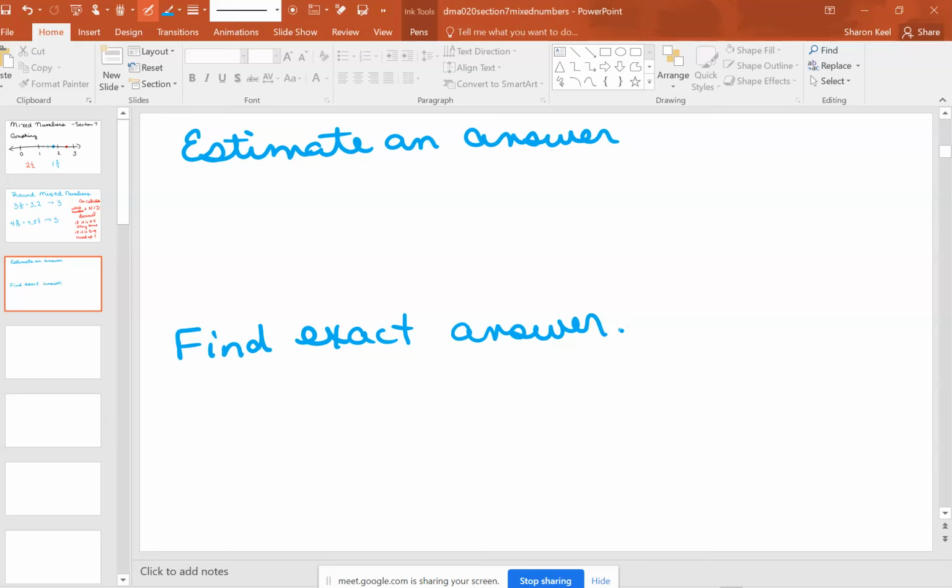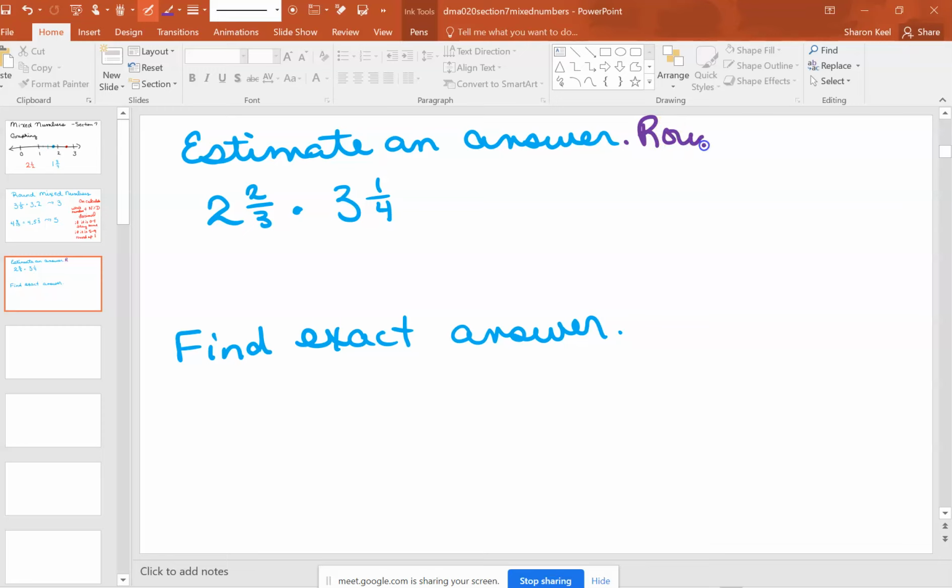So let's say I give you this problem, 2 2/3, and if I'm asked to estimate the answer, what you would do is you round first. You round first before you do the operation. So 2 2/3, half of 3 is 1 1/2, then half of the 3.